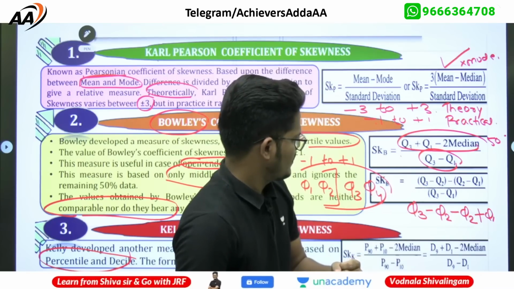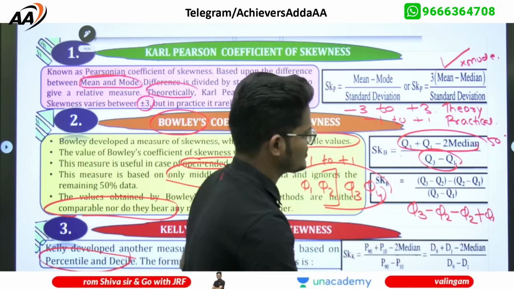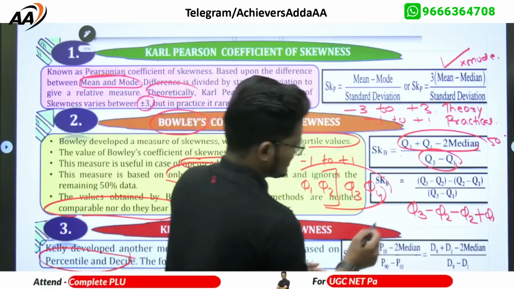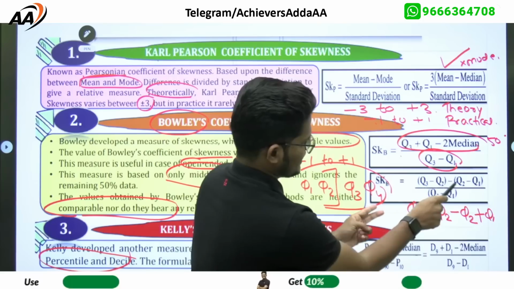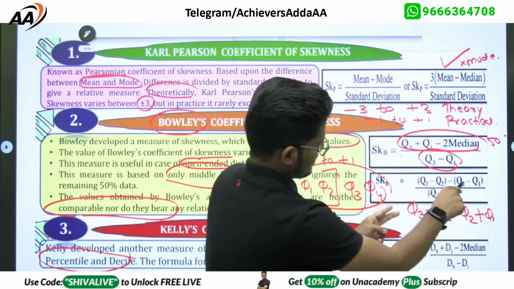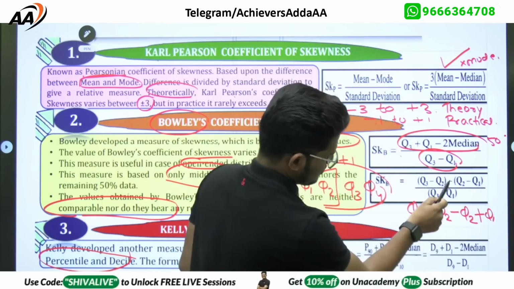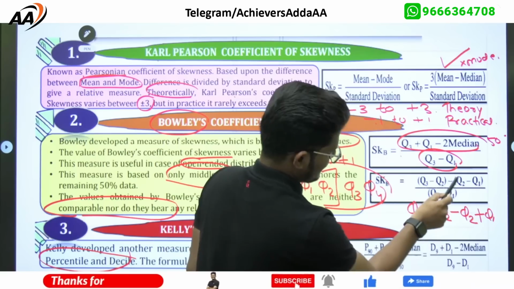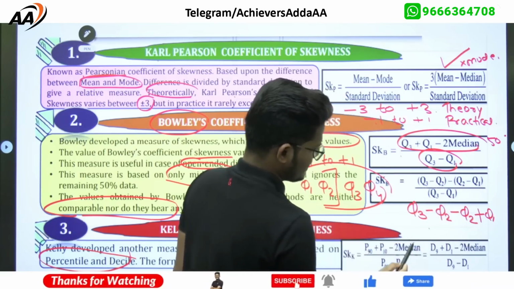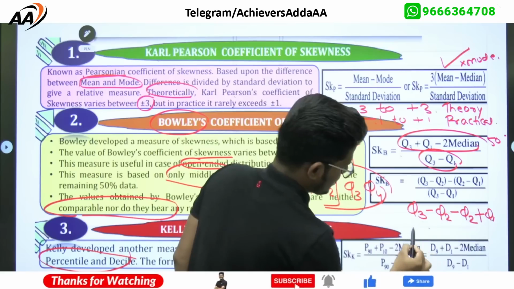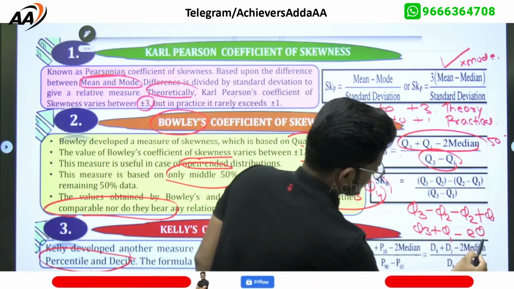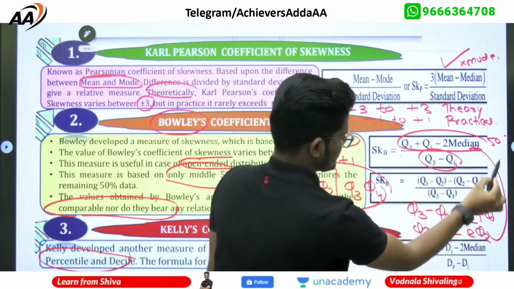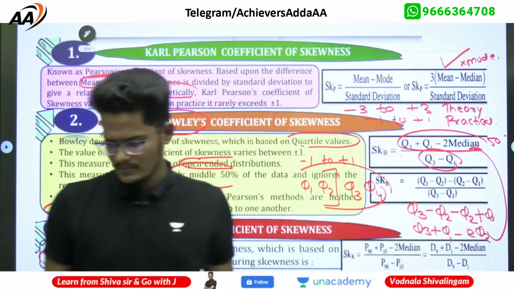Wait, Q3 plus Q1 minus 2 Q2, right? This is the derivation of the formula from Q3 minus Q2 minus Q2 minus Q1. The minus into minus gives plus Q1. So if you do Q3 plus Q1 and minus 2 Q2, Q2 is nothing but the median.